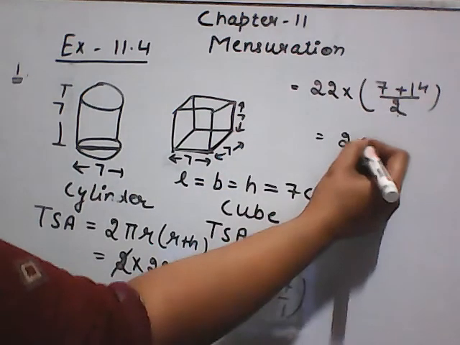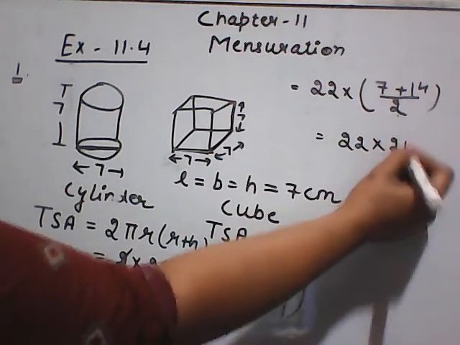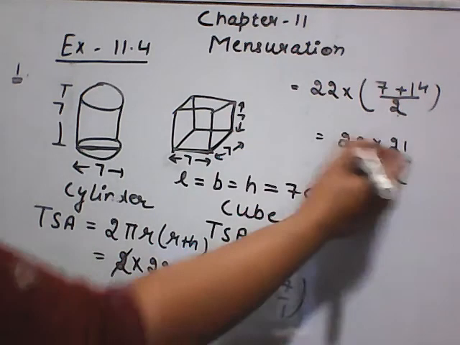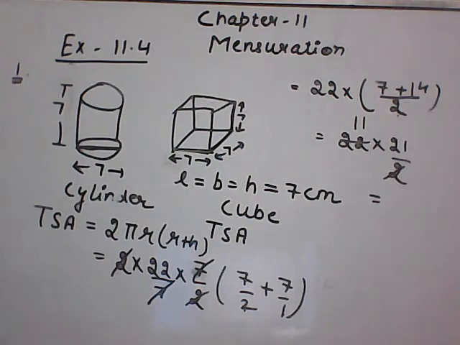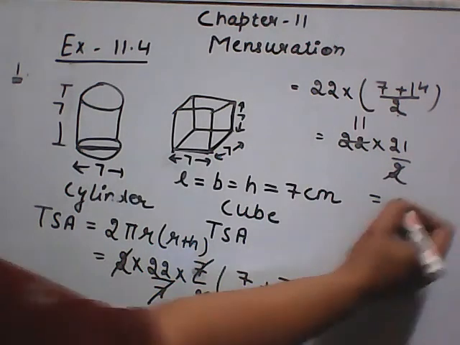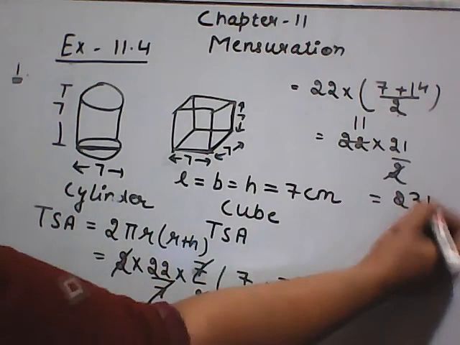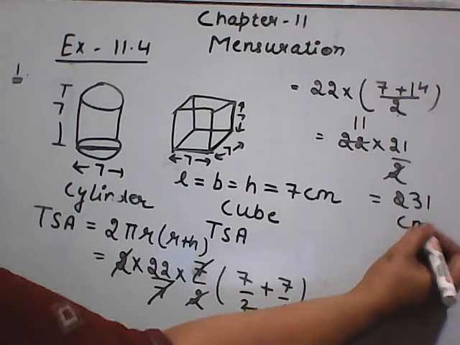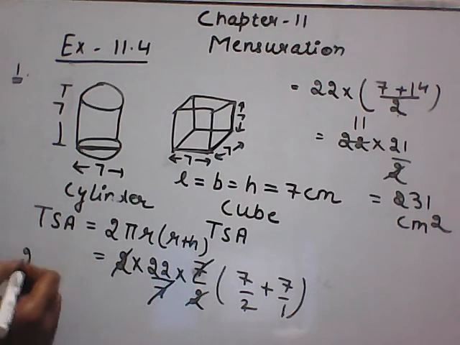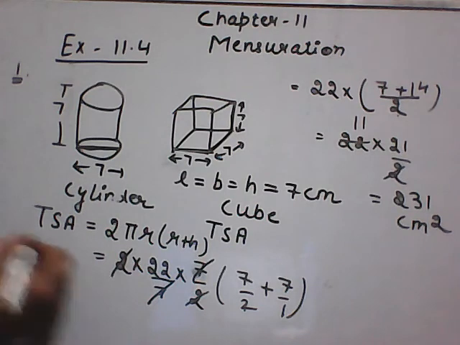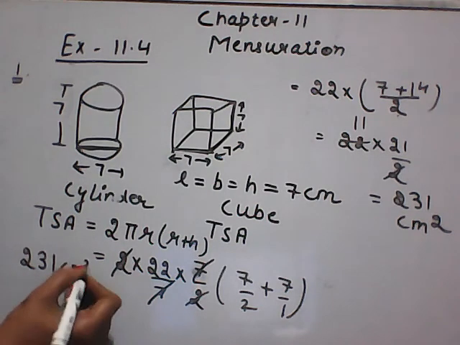Here 22 multiplied by 21 divided by 2. 2 is cancelled out with 22, it is 11. Now 22 multiplied by 11 is 231. It is surface area, so units will be centimeter square. Total surface area for the cylinder is 231 centimeter square.